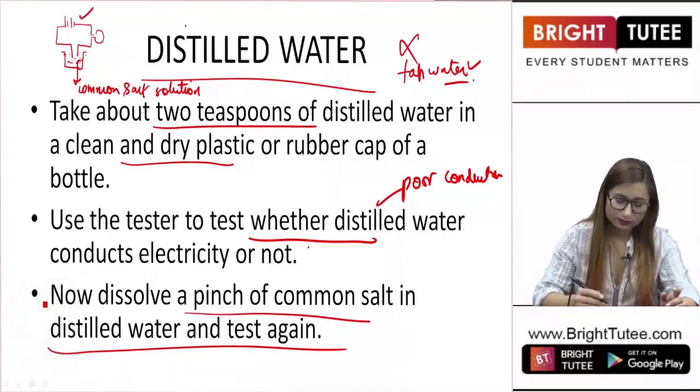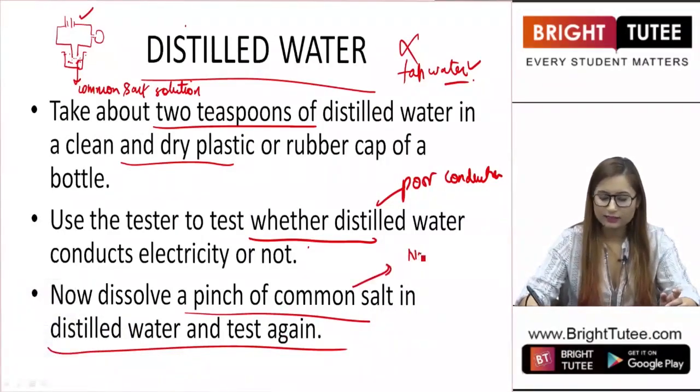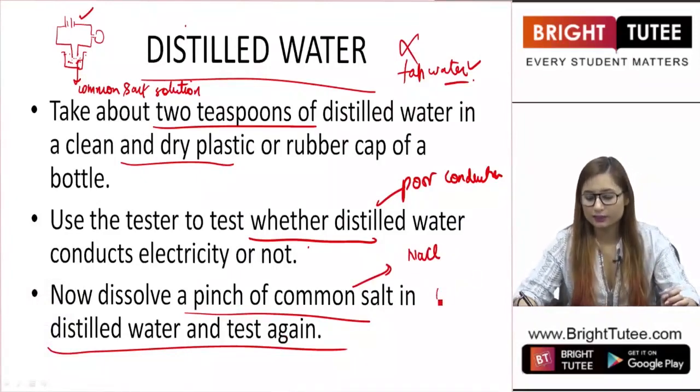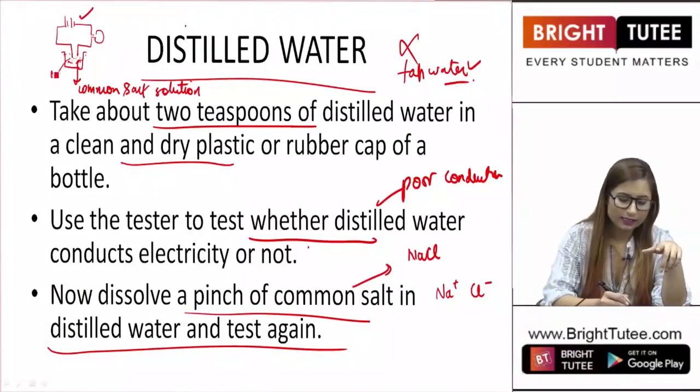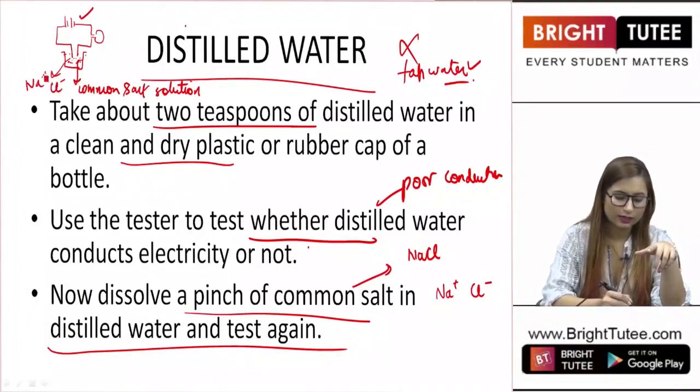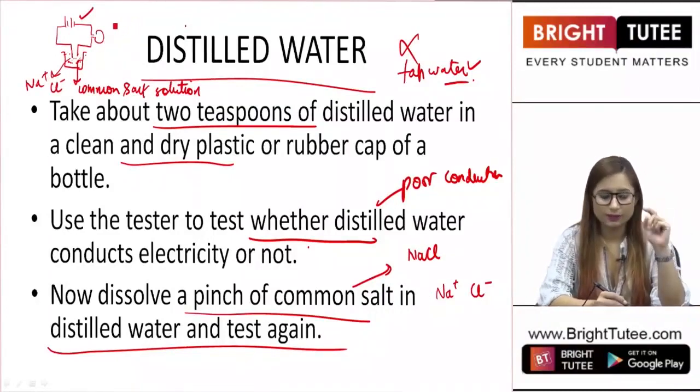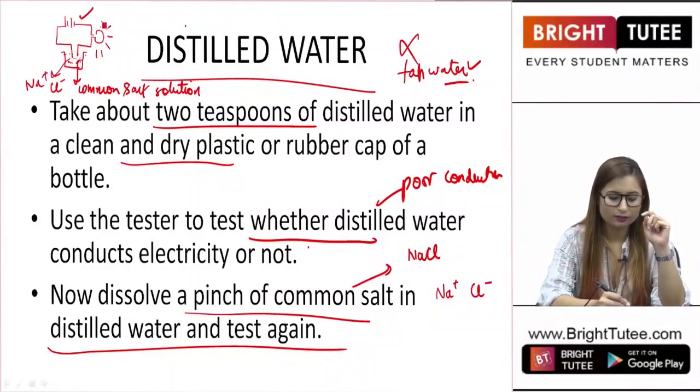Basically common salt is NaCl, and it gets dissociated into ions when it is dissolved in water, right? So when we dissolve it in water, there are sodium and chloride ions present, due to which the circuit gets completed when we turn on the battery and the bulb starts glowing, right?